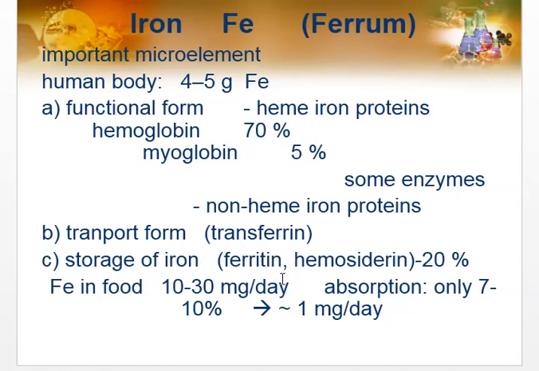Storage of iron: ferritin and hemosiderin, 20%. Iron in food is in the interval from 10 to 30 milligrams per day, and only 7 to 10% of the ferrum will be absorbed. That is about 1 milligram per day.